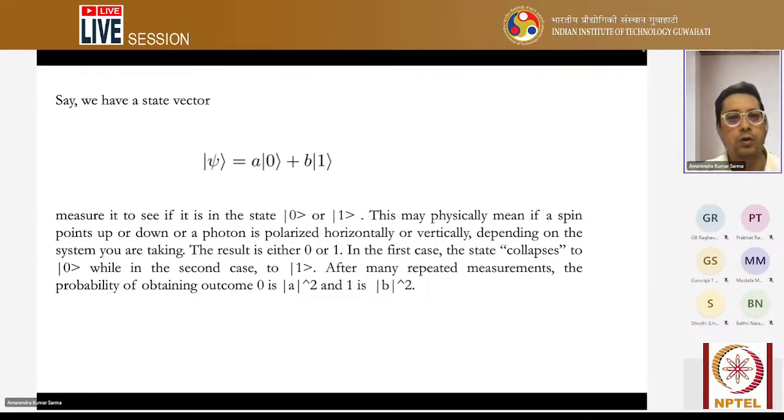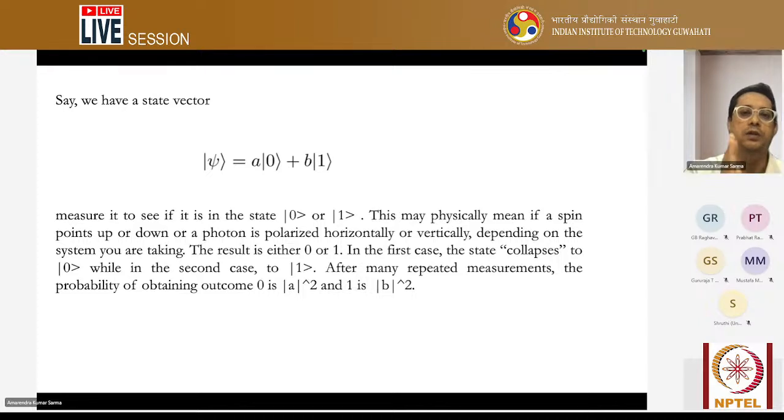Or if I talk about a photonic system, because there we exploit the polarization state of the photon, it may be vertically polarized or horizontally polarized. The vertically polarized one I can say to be |0>, and the horizontally polarized one I can take to be |1>.